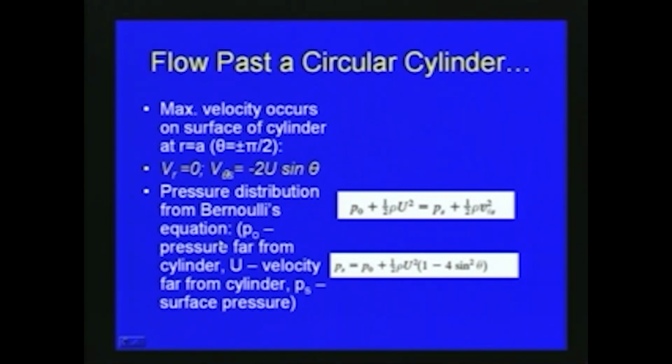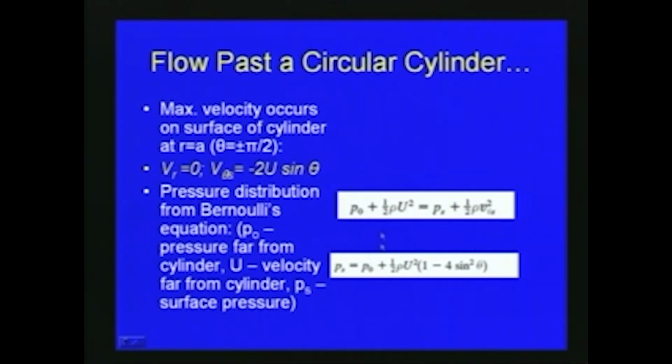Here, P0 is the pressure far from the cylinder, that means much beyond the position of the cylinder, and u is the velocity far from the cylinder, which is the uniform flow velocity, and Ps is the surface pressure.